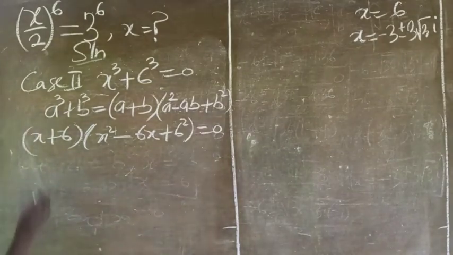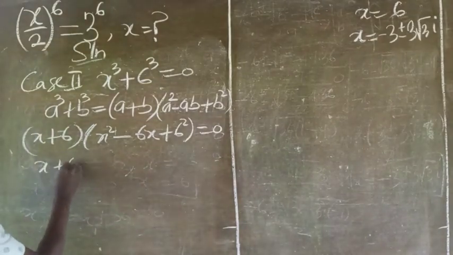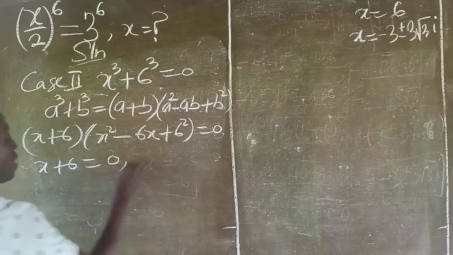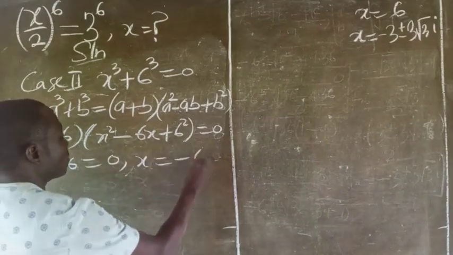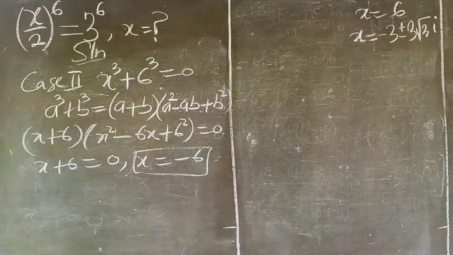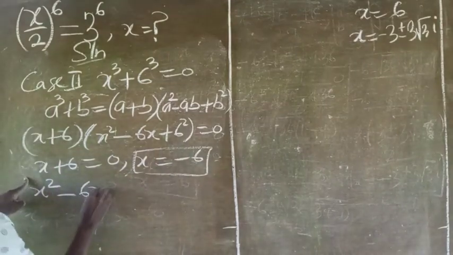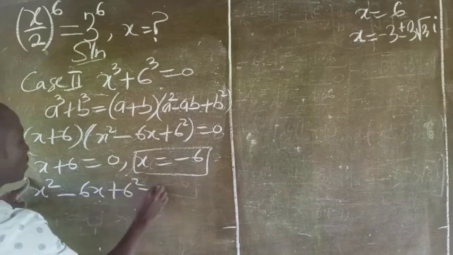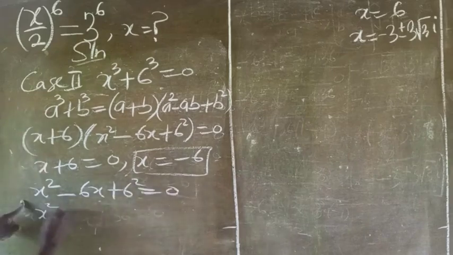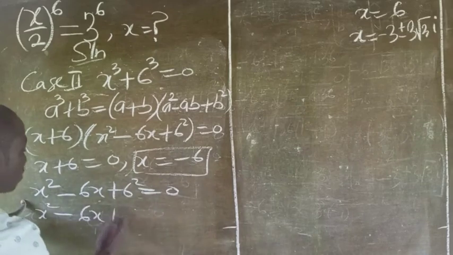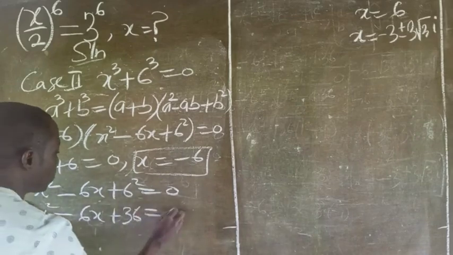The zero product rule says that this part is equal to 0 or this second part is equal to 0. So we're going to say s plus 6 is equal to 0, and from here s will be minus 6. And also s squared minus 6s plus 6 squared equals 0, so s squared minus 6s plus 36 is equal to 0.